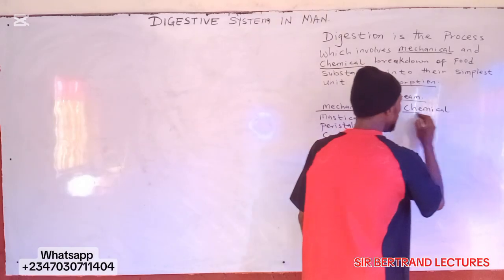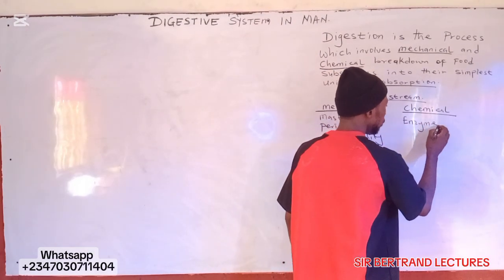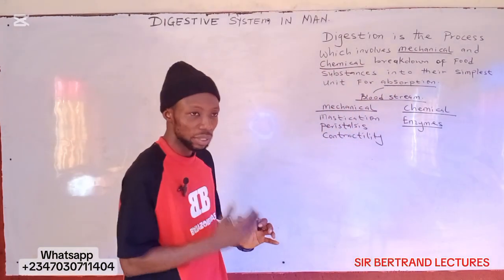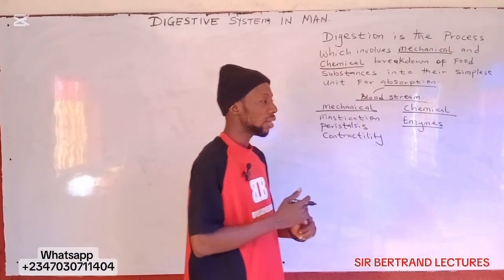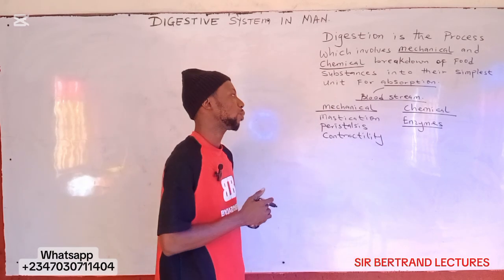Then the chemical breakdown involves the use of enzymes, which we refer to as digestive enzymes. That is the chemical process of digestion.